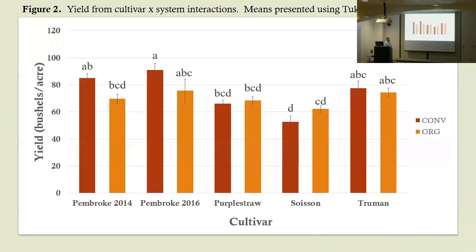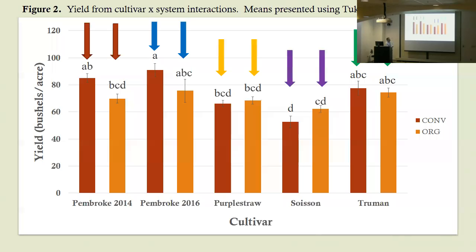In the interaction for the average mean yield between cultivars and system, here on the y-axis is the yield, bushels per acre, and here are the cultivars. We can tell that there is a similar trend in the average mean yield between the cultivars, and I already marked that with similar arrows just to be clear.